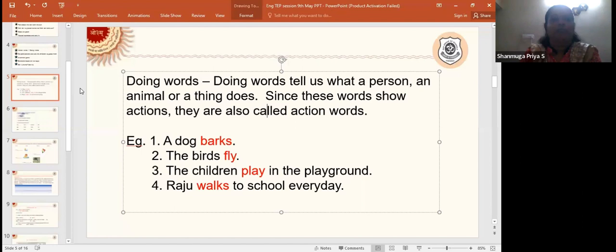We can take them to the playground, or make them sit or stand quietly for some time, and then ask them to observe what actions they could see from the surroundings. So that's also a kind of activity where you can get answers from the children.